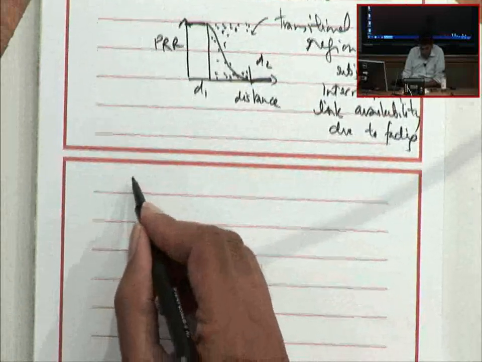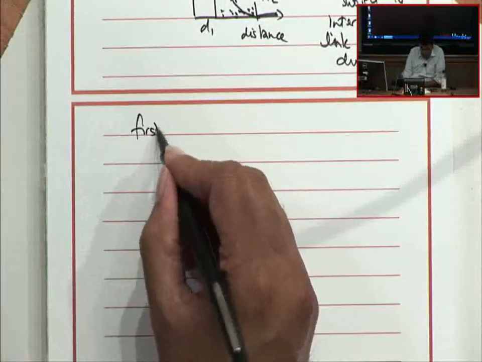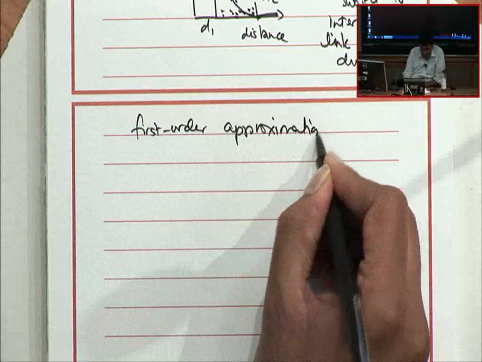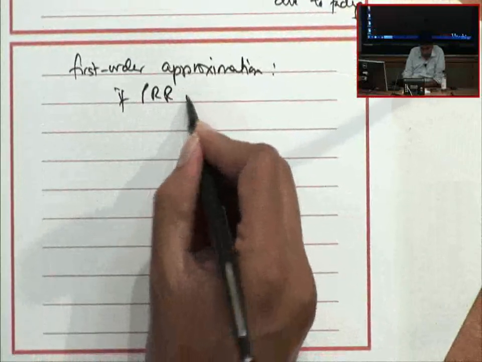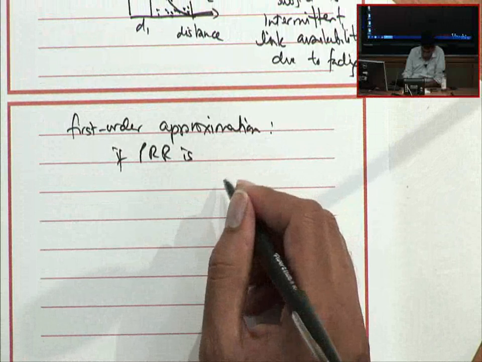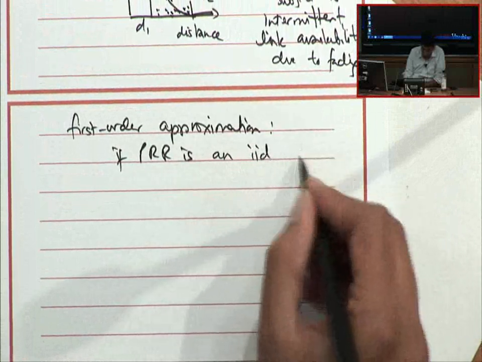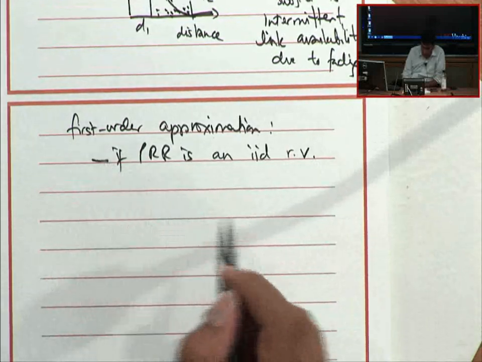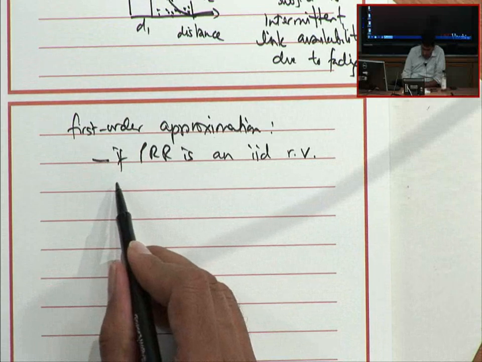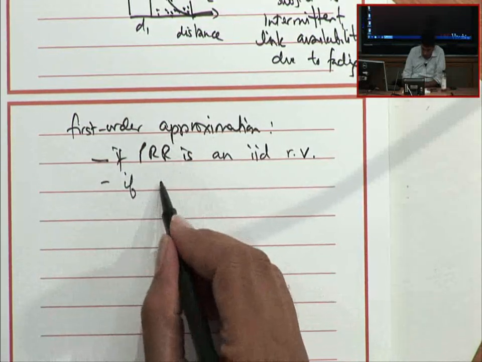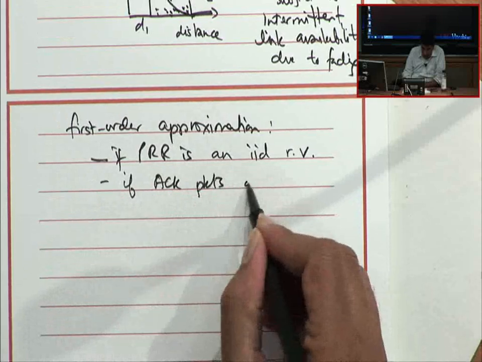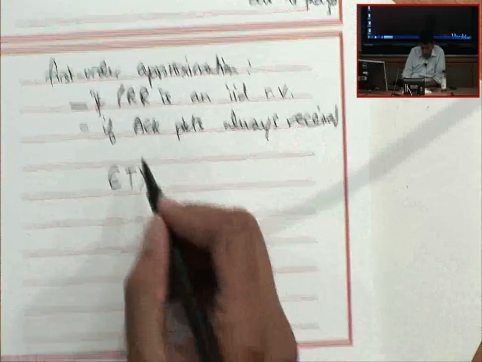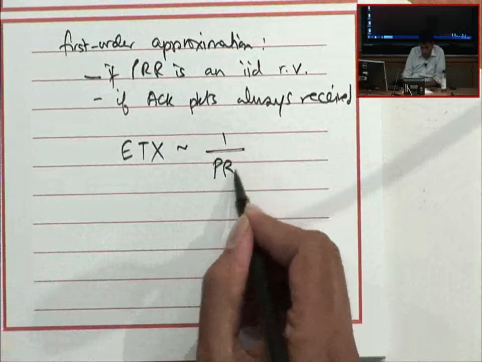And we said to a first order approximation, basically, if PRR is an IID random variable, and if ACK packets are always received, then you can approximate ETX as 1 over PRR.